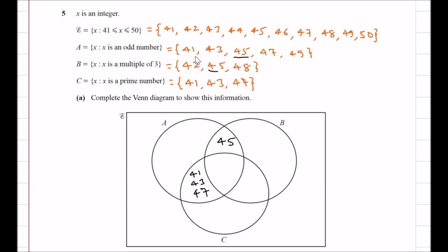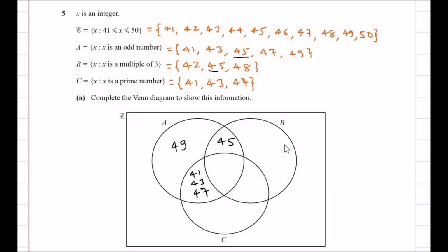Now in B, let us see what are the other elements. In A, we have 41, 43, 45, 47, 49, right? And we have listed already 41, 43, 47, 45. So what is left? 49.